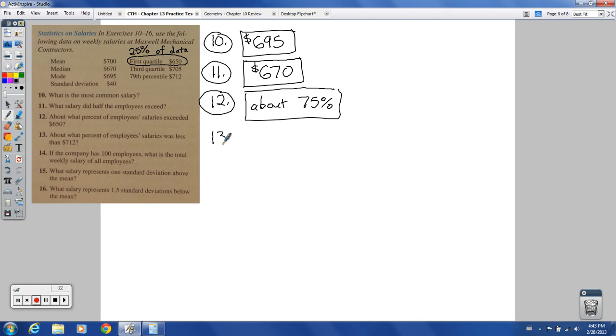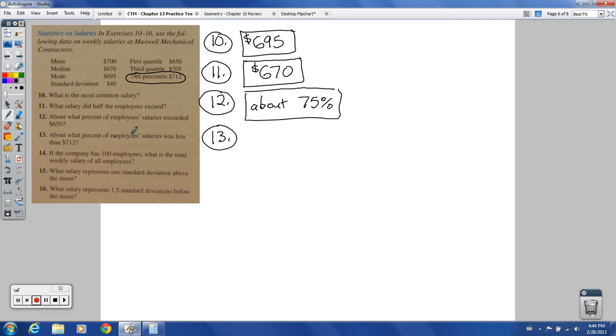Number 13. About what percent of the employees' salaries were less than $712? Here's this number, 712 is in the 79th percentile. That means you've got 79% below that, you've got 21% above that.